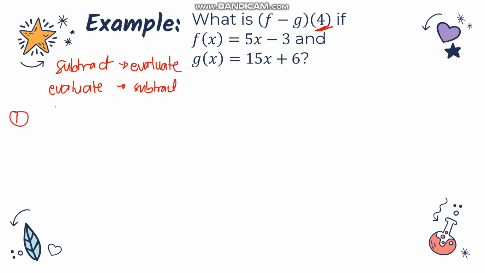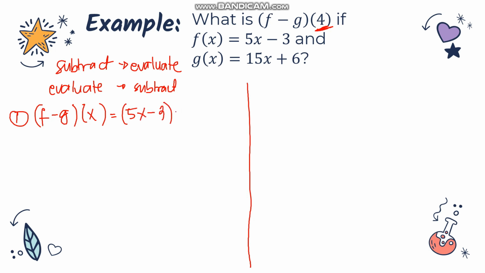Okay, let's subtract first. So we know that f minus g is just equal to f of x minus g of x. So let's write here f of x is 5x minus 3 minus g of x, which is 15x plus 6. Now remember the rules in subtraction. We have to do the copy plus change.